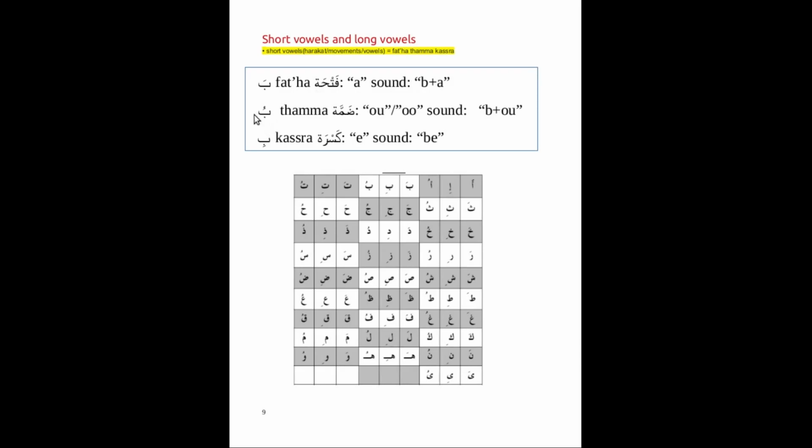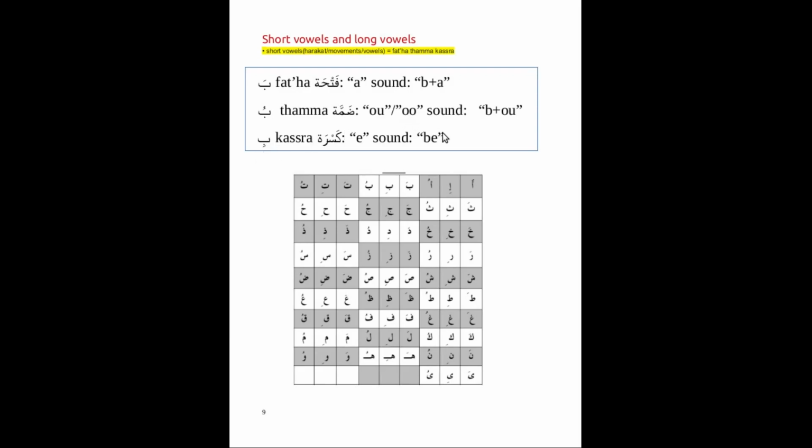So this is also a ba plus the little circle, and it's like a knot. So that sound is actually the u sound. So ba plus u is bu. See, very easy. And this is also a ba, and that vowel at the bottom is the e sound.